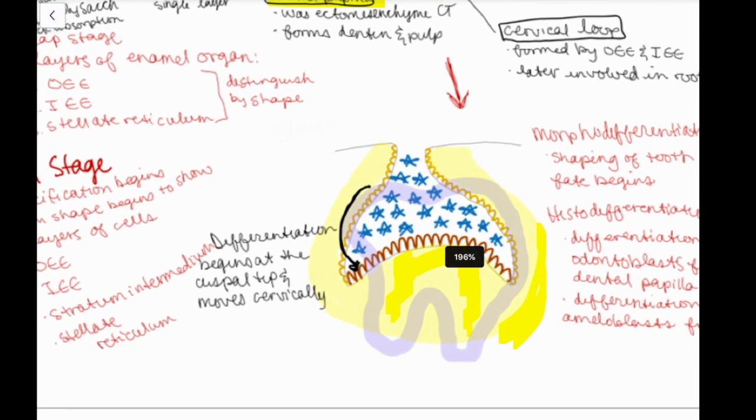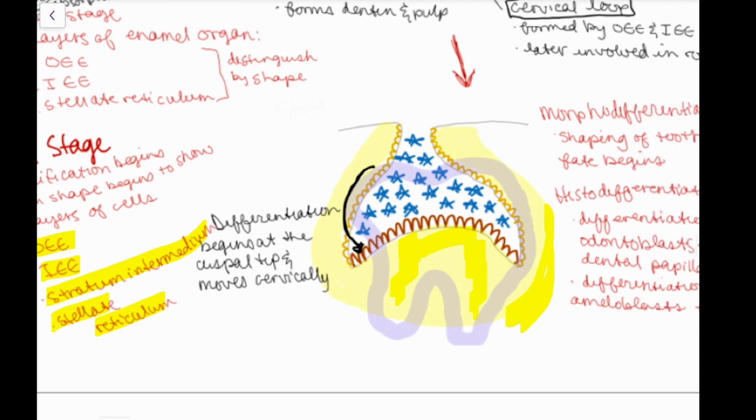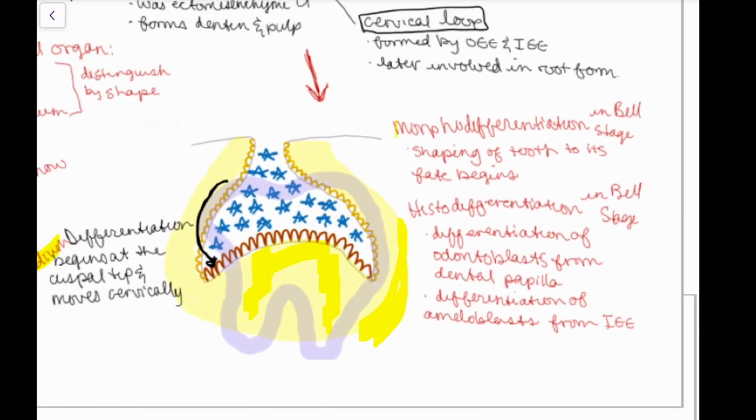So after our cap stage, in bell stage, we get the same three layers: the outer enamel, the inner enamel, and the stellate reticulum. We get this new layer, the stratum intermedium, that gives the enamel layer the nutrients to grow. So in bell stage, we also have two components called morphodifferentiation and histodifferentiation.